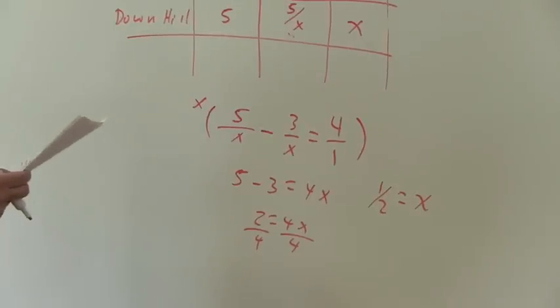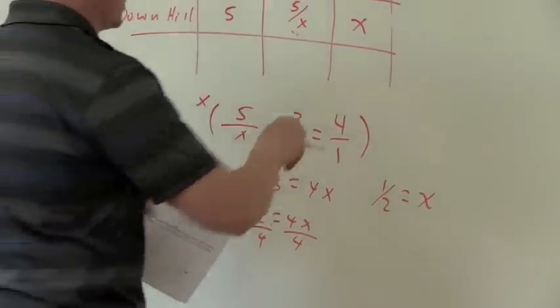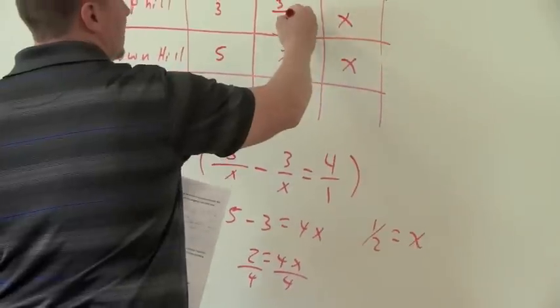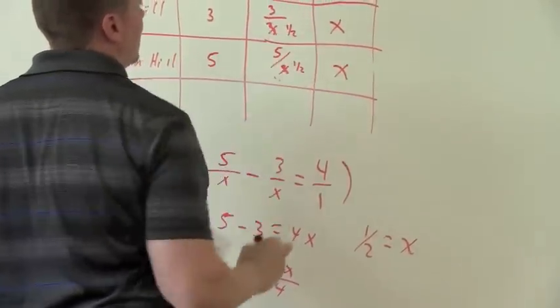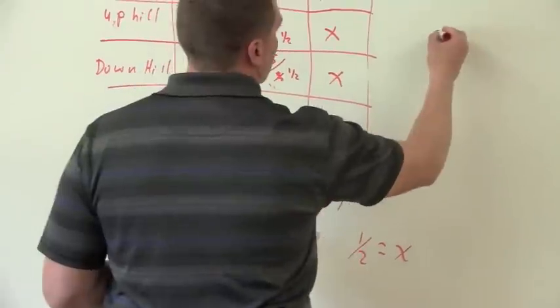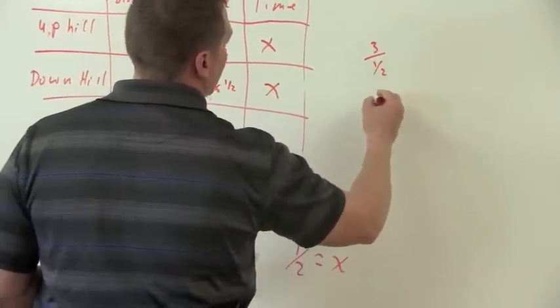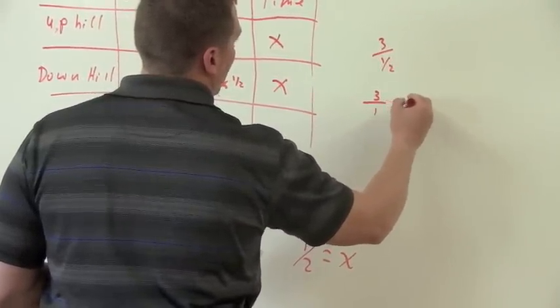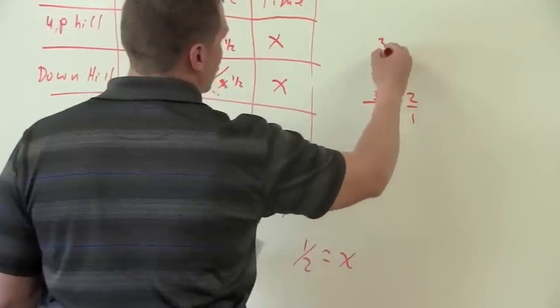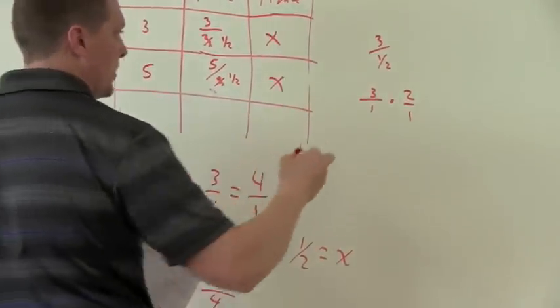Now that I have 1/2 equal to x, I can plug 1/2 in for x. So I have 3 divided by 1/2, which is 3 over 1 times 2 over 1, because I changed division to multiplication by its reciprocal.